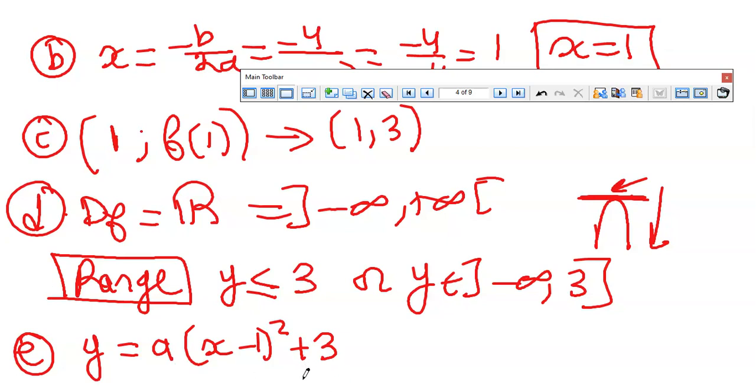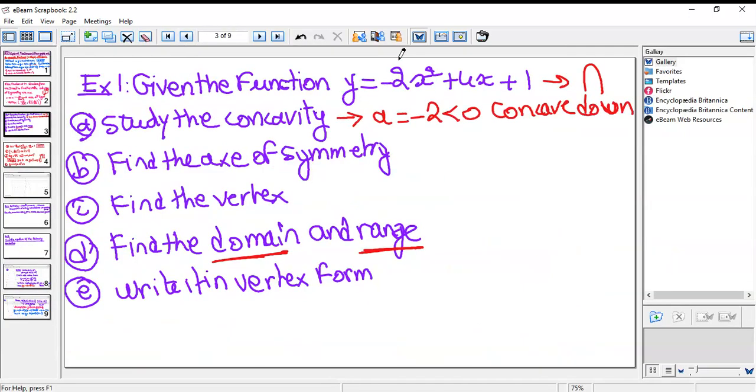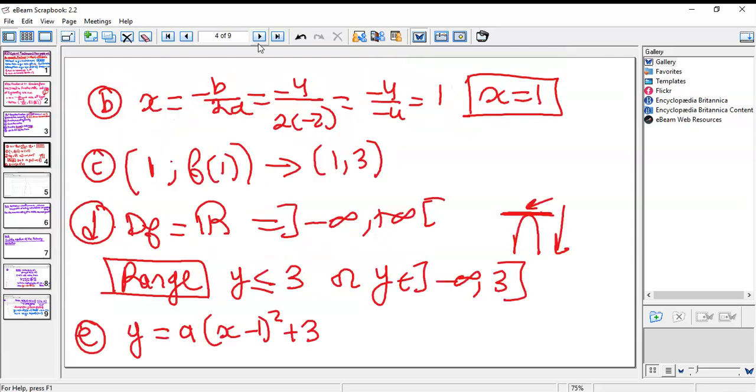So when I substitute, since I don't have any point, I just look at this function. It's minus 2 here. So I need minus 2 times something. a is minus 2, so I can directly replace it. But if it's not given and I need to find it, I just need to take a point on the graph here.